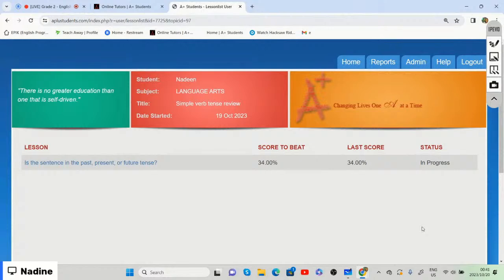But now the verb tense means it is the action that takes place either in the present, which is now, in the past, which happened already, or in the future, which will still happen. And that is even how we break down the chapter, which is simple verb tense review.